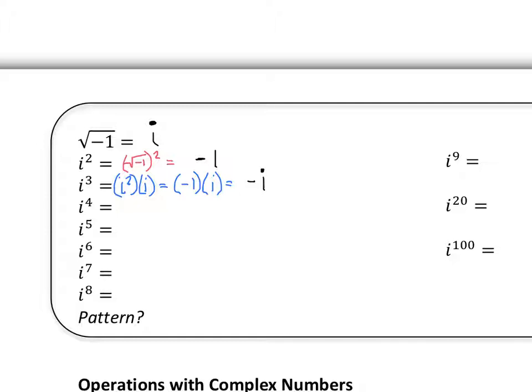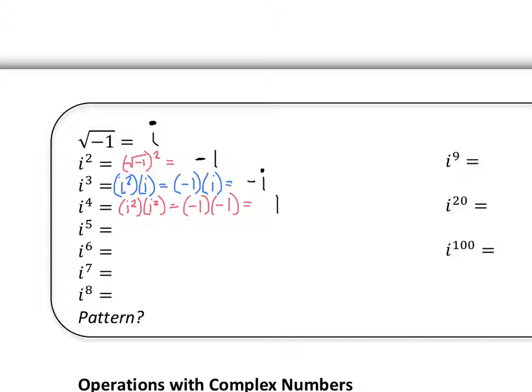i to the 4th. Let's break that down into i squared times i squared. Since we know i squared is pretty simple, i squared equals -1. That was not as exciting as I wanted it to be. That's okay. So -1 times -1 equals +1. So we've got i, -1, negative i, 1. Now, how nice.